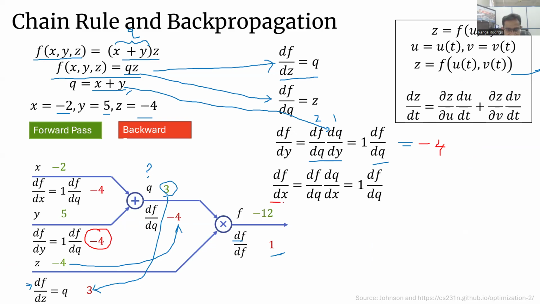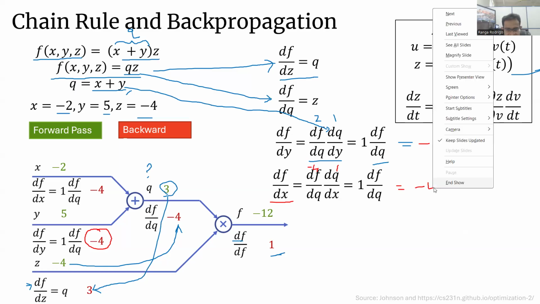How about df by dx? df by dq times dq by dx. dq by dx is 1. df by dq we have already found. df by dq is minus 4. Therefore, this is also minus 4.